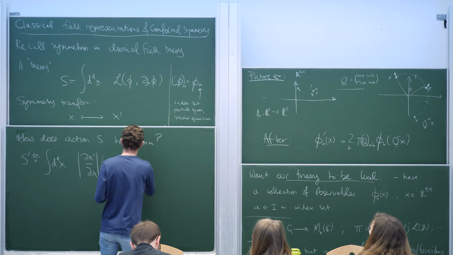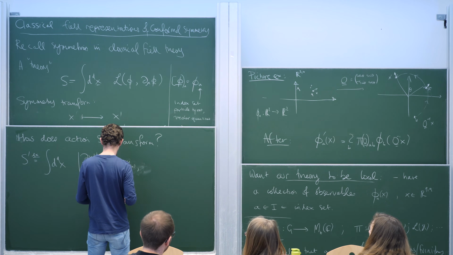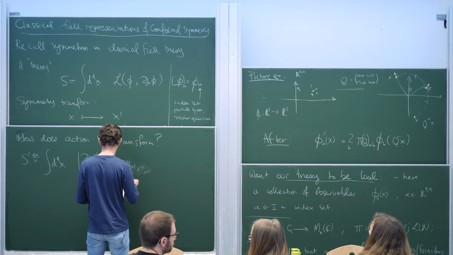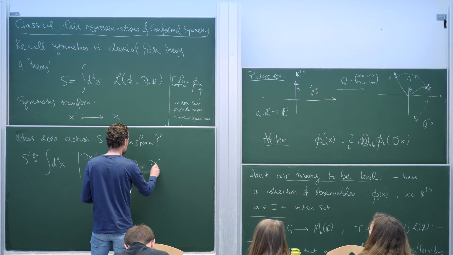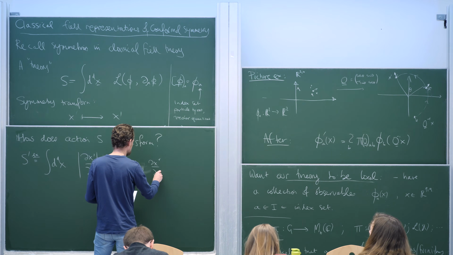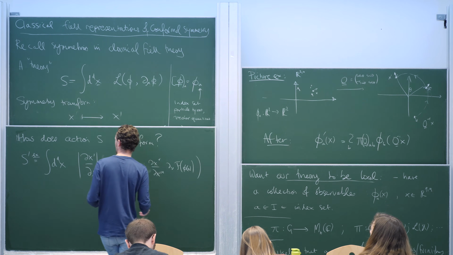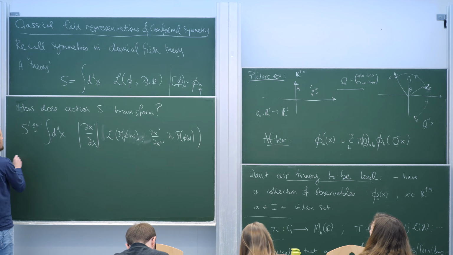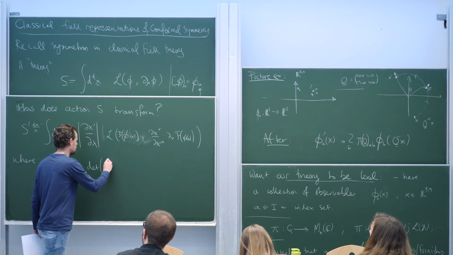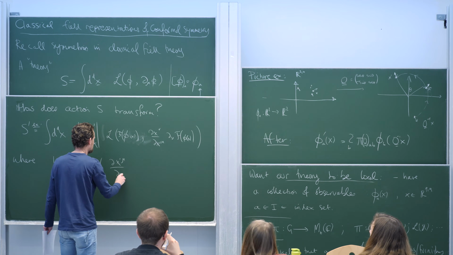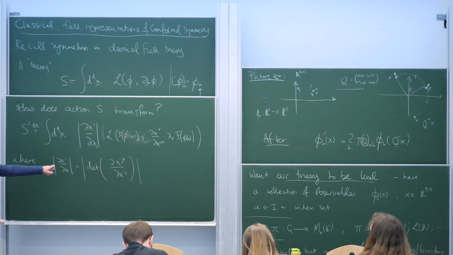I'll just write the answer out. Oops, absolute value. So we have a Jacobian, right? You change variables, so you're going to get a Jacobian. That's what the Jacobian looks like.